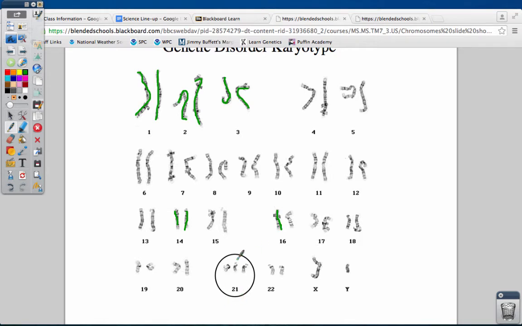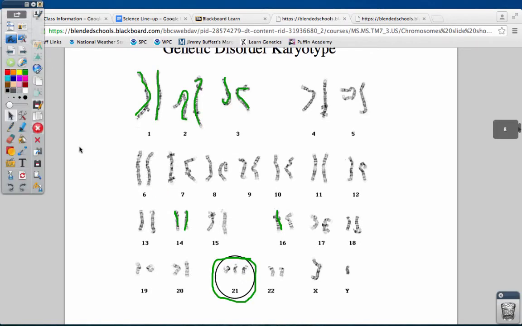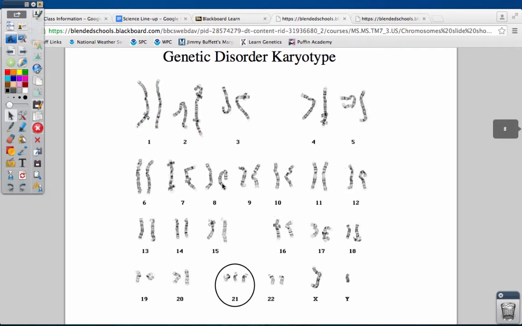But these karyotypes also help us do very interesting things. Look down here, chromosome number 21. What do you notice about chromosome 21? It has 3 chromosomes, while every other one has 2. That indicates to scientists who study these karyotypes that there's some sort of genetic mutation or disorder causing 3 chromosomes for the 21st.